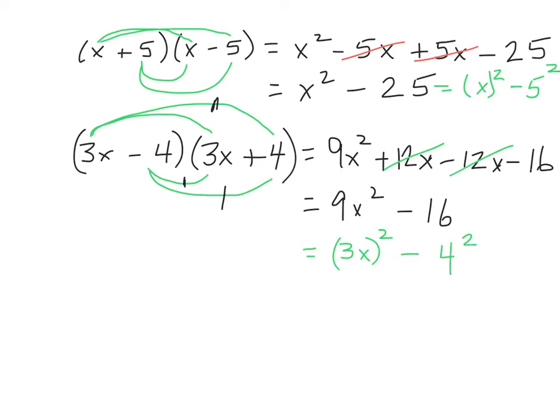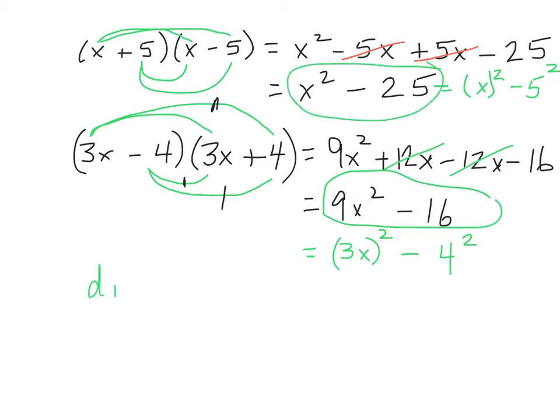So this type of expression that we're ending up with here, the 9x squared minus 16 and the x squared minus 25, is called the difference of two squares.